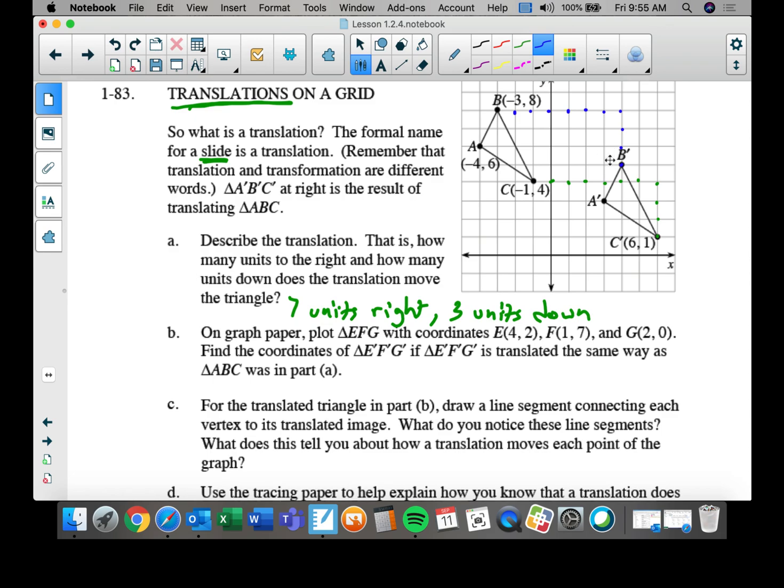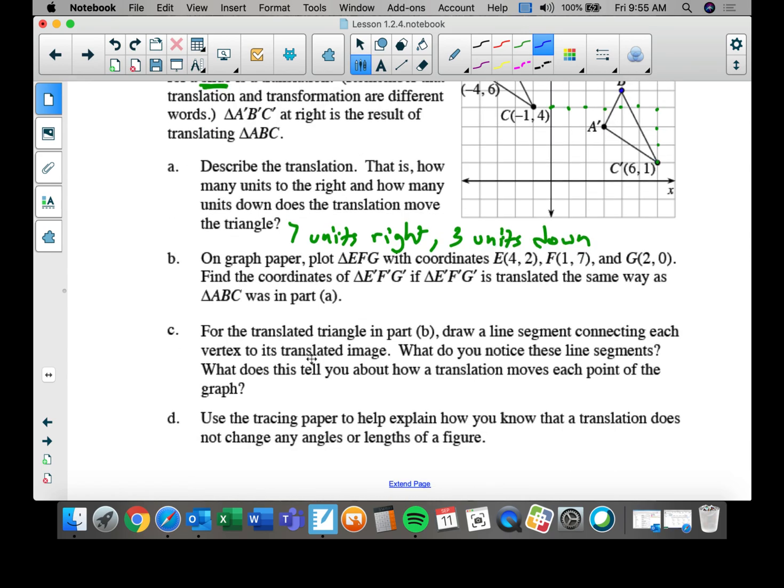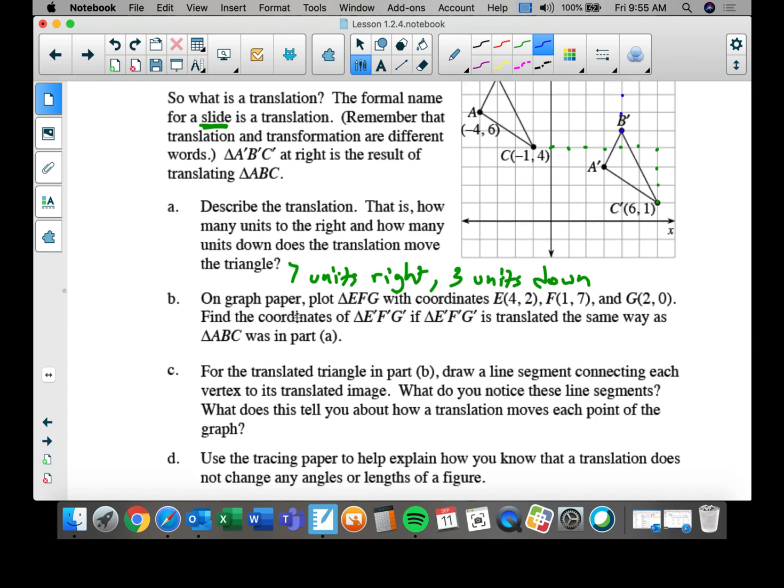Okay? So, if you take a look at part B, it says on graph paper, plot triangle EFG with these coordinates, and then find the coordinates of E prime, F prime, G prime, if you translate it the same way as what we just did: 7 units to the right, 3 down. Okay?